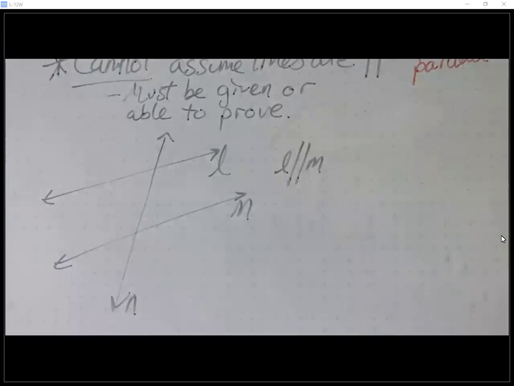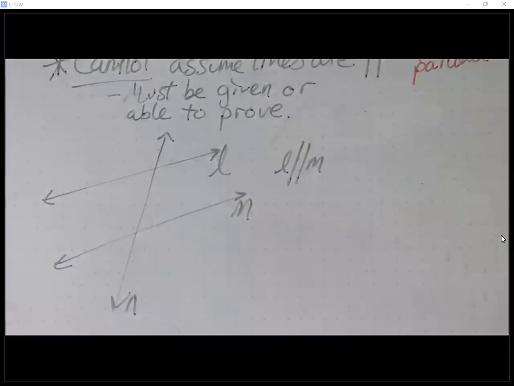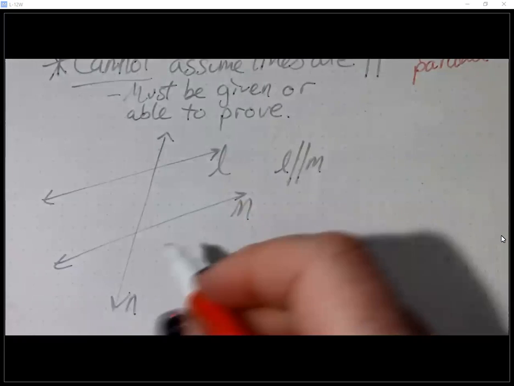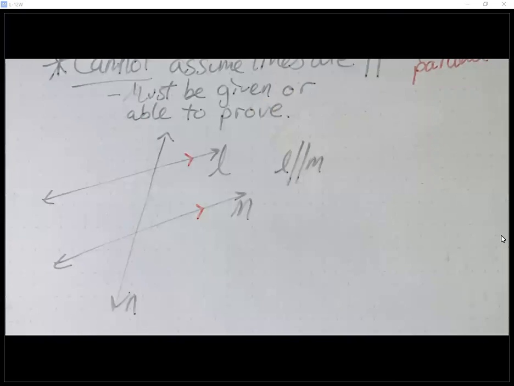So there would be me writing it symbolically, or we can mark it right on the diagram too. If I want to mark it on the diagram, we're going to put little arrows, or sometimes people fill them in and they look more like triangles, on each of the lines. That marking indicates that those two lines are parallel to each other.